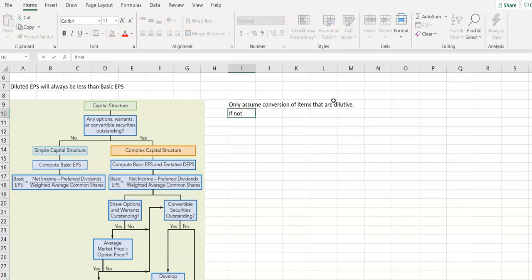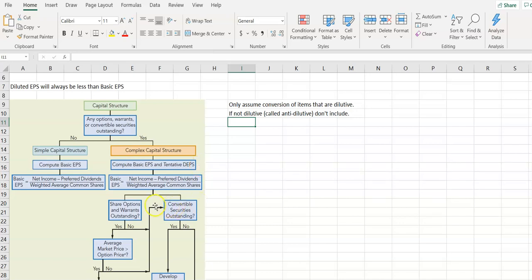If not dilutive, it's called anti-dilutive. You don't include them, or you don't assume that they're converted. All right, so this is what they're talking about here. You compute the basic earnings per share and tentative diluted earnings per share.